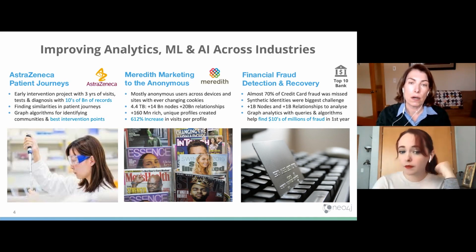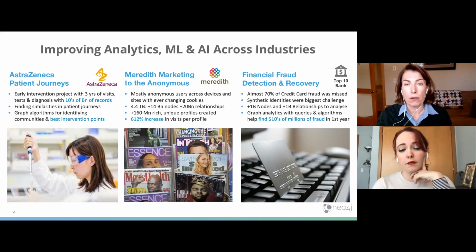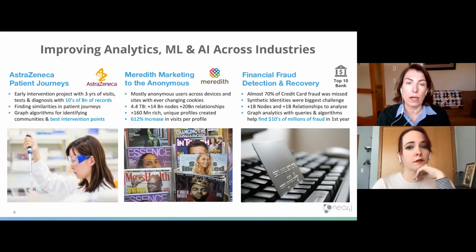So using community detection and graph data science, they were able to actually develop over 160 million rich, very unique profiles. And so you can imagine having these unique profiles with a lot of information, but without that personal information itself. So still keeping it anonymous, but we understand something about these users.